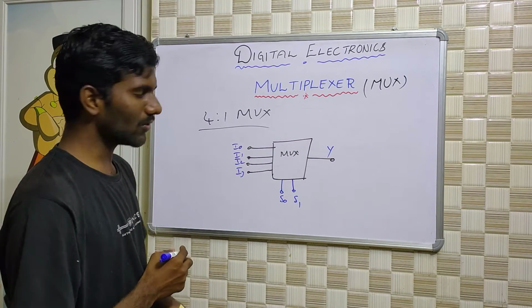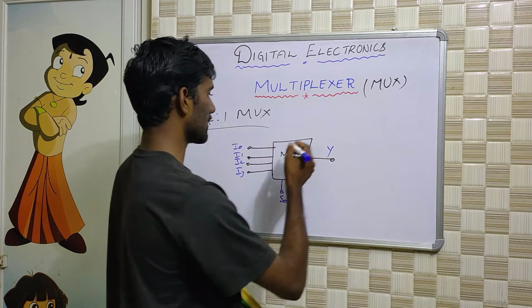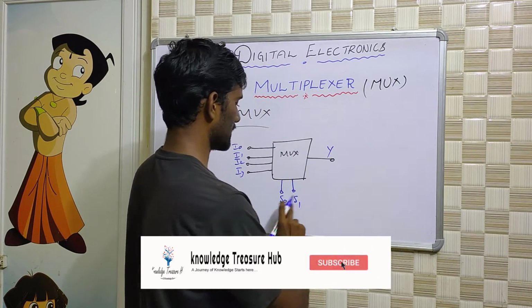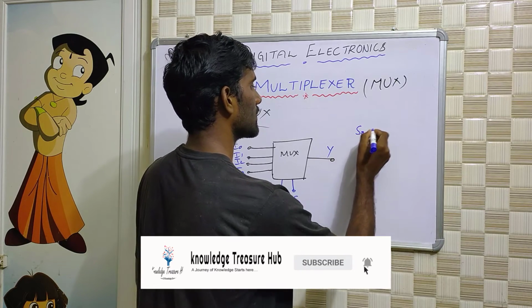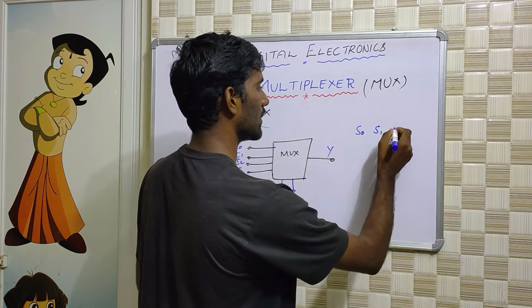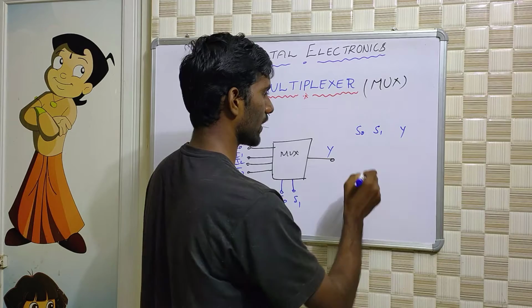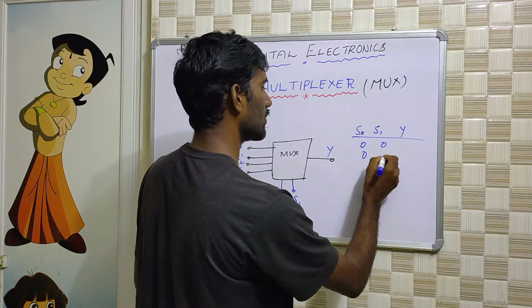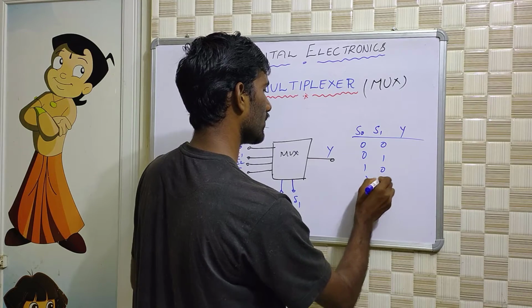We will see the truth table, then it will be clear for us. We have the selector lines S0, S1 and the output Y, with combinations 0 0, 0 1, 1 0, 1 1.